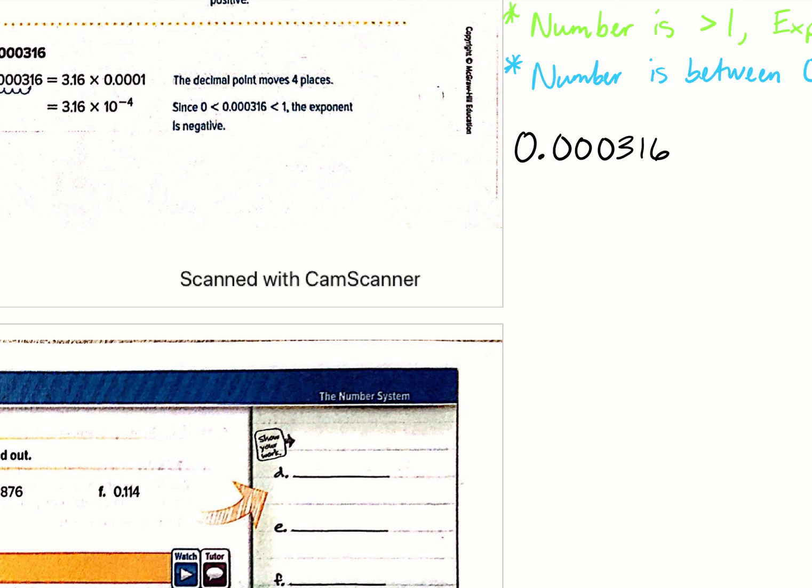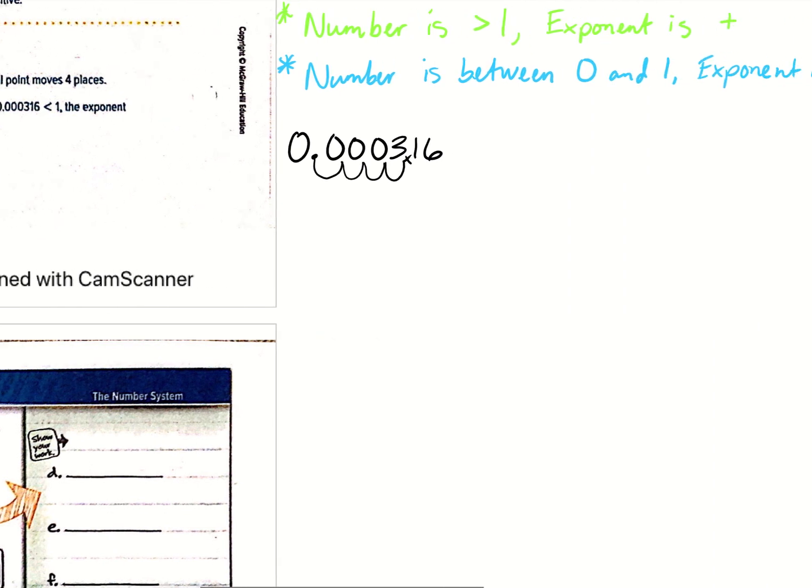So again, we want one number other than 0 in front of the decimal place. So that means we need to move it right here. So we go 1, 2, 3, 4 in order to get it there. That means our exponent is going to be 4.